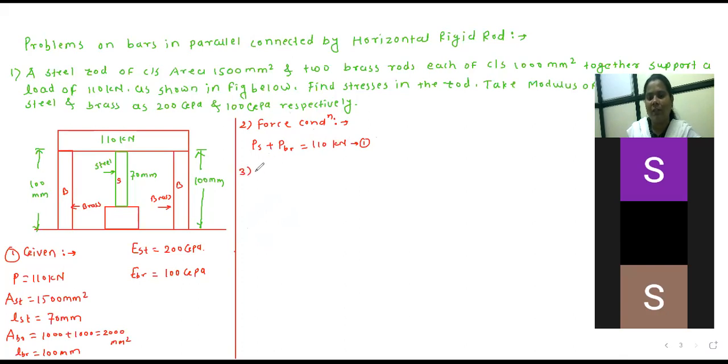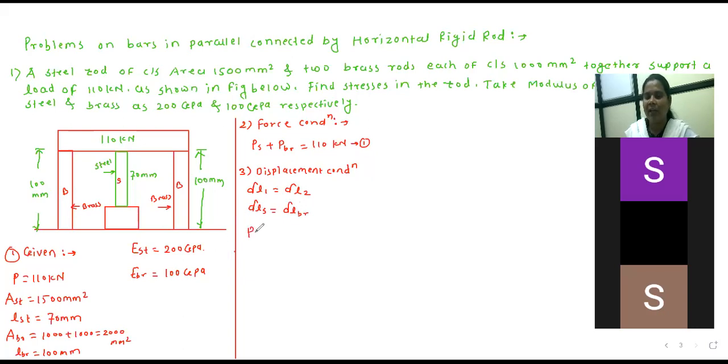Now we will see the displacement condition. The displacement condition is del L1 equal to del L2, that is, change in length for steel is equal to change in length for brass. So how to find this change in length?